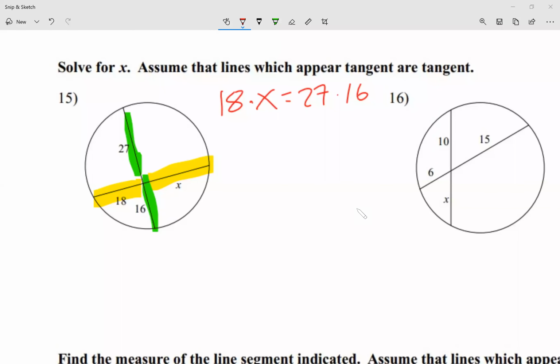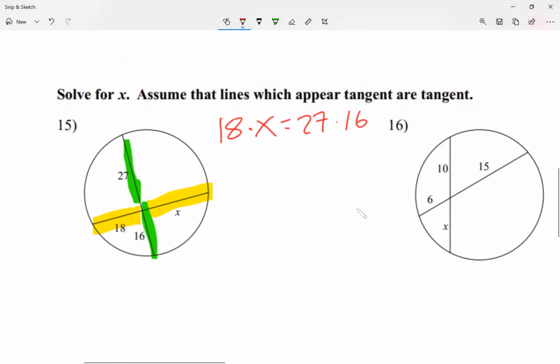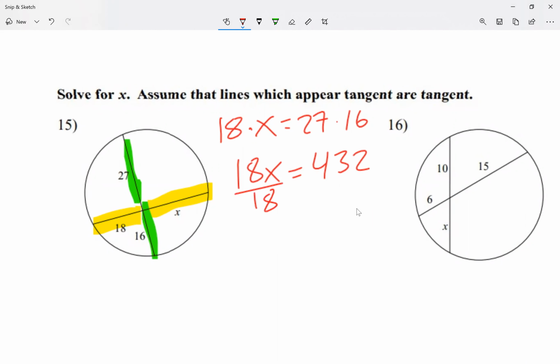Okay, so that gives me that 18X is equal to 432. Use a calculator if you need to. Now let me divide both sides by 18, and I get that X is equal to 24. My instructions were solve for X, right? Find the missing side. There you go.